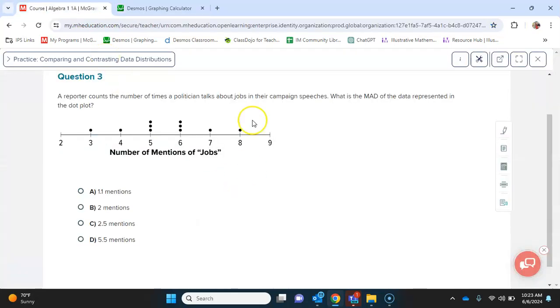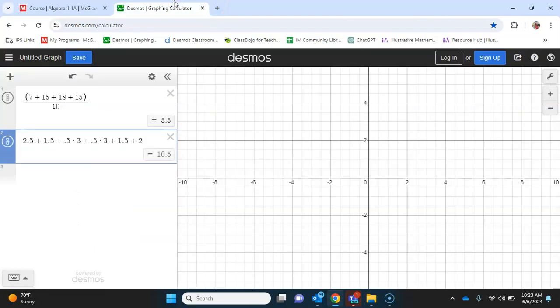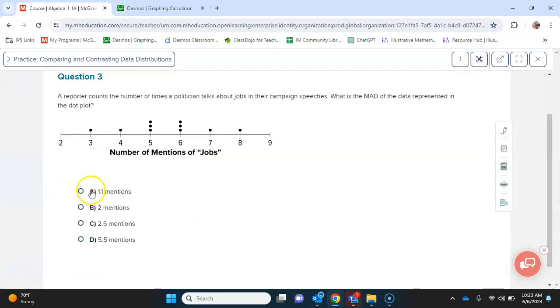Plus 8 minus 5.5 is 2.5. Now we take that and then divide it by 10, and that makes 1.1. That is our answer.